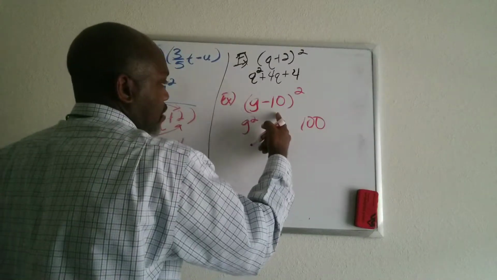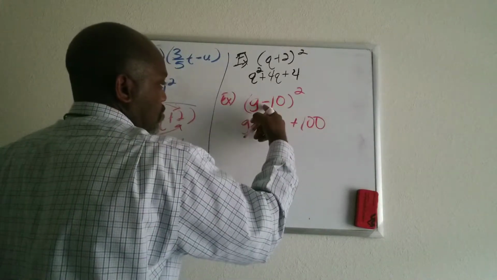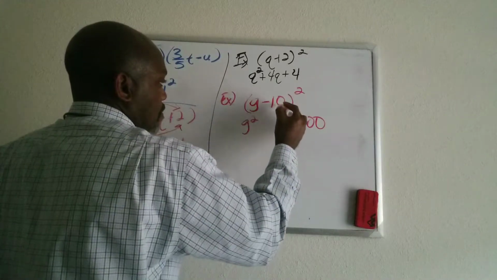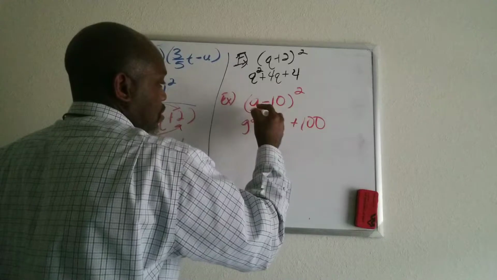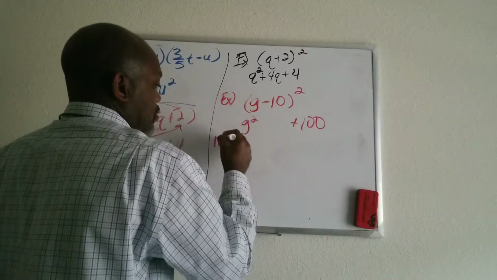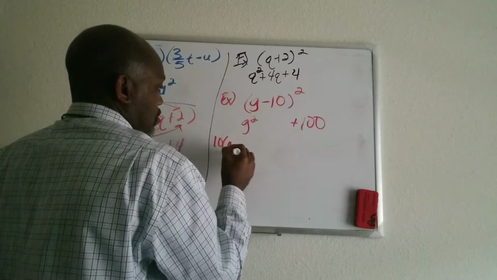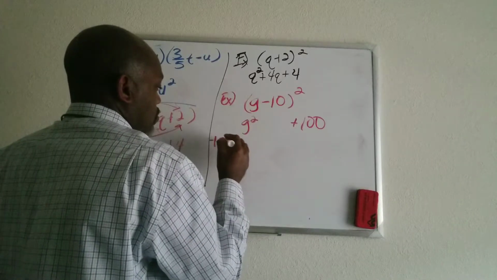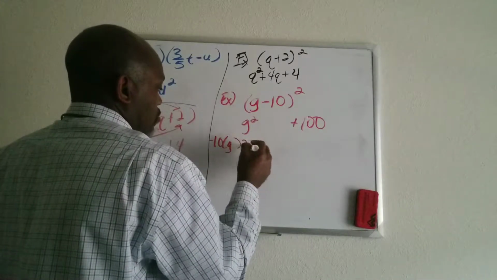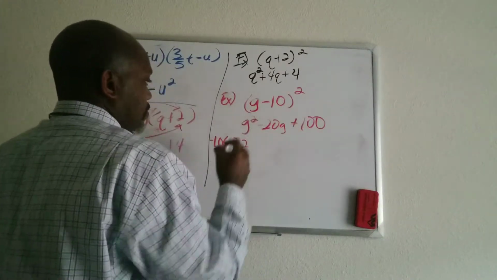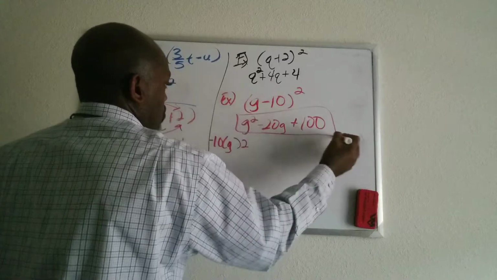And then that's a positive 10, because squaring 10 is a positive 100. Then I'm going to multiply 10 times g, or negative 10 times g, and then times 2. That gives you negative 20g. And this is your answer.